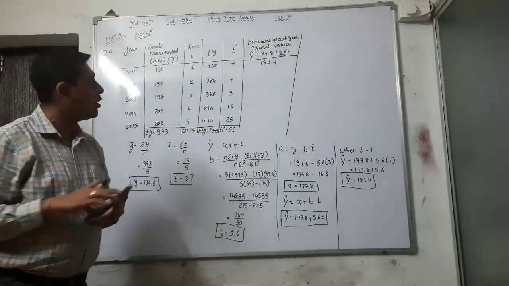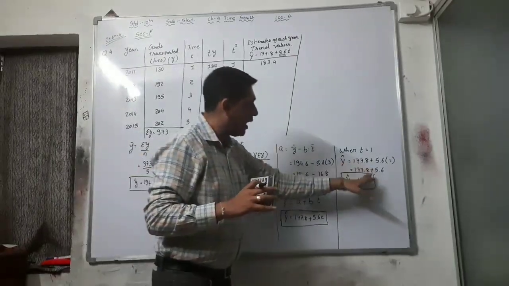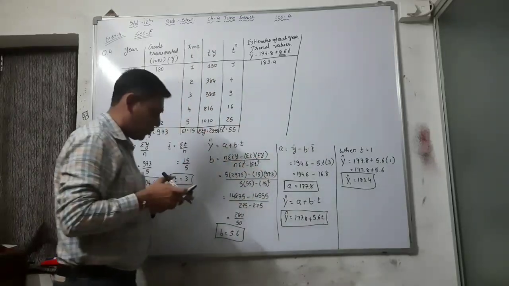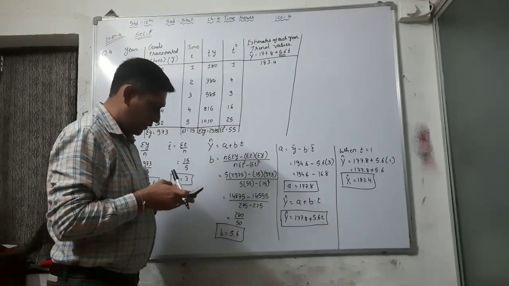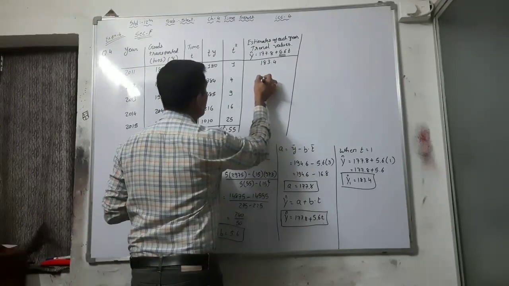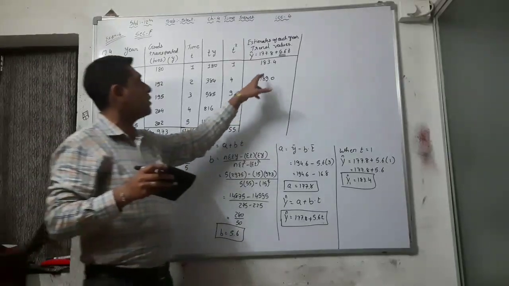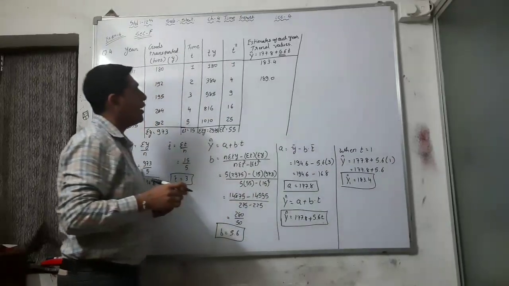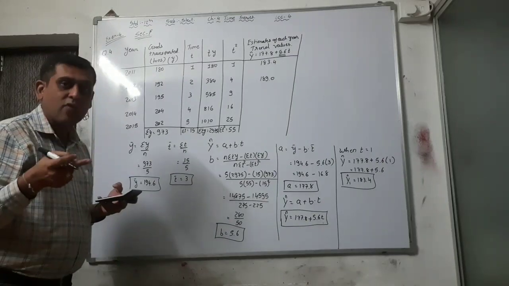So right now, the second year estimated value, we don't have to find out like this, but only add b to the previous year, that is first year value. 183.4 plus 5.6, the answer is 189, but here we are writing 189.0 because the first answer is in point. That's why we are writing here 189.0.